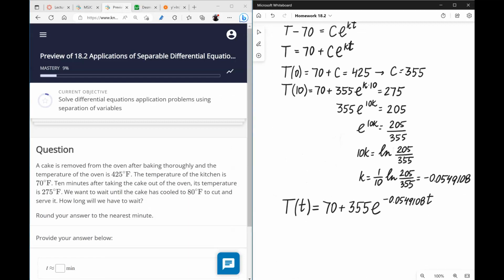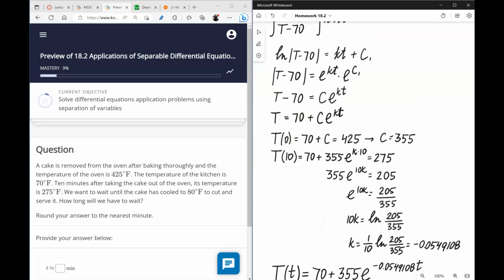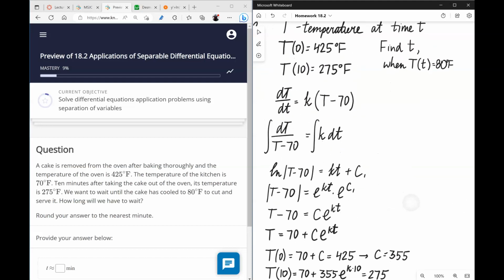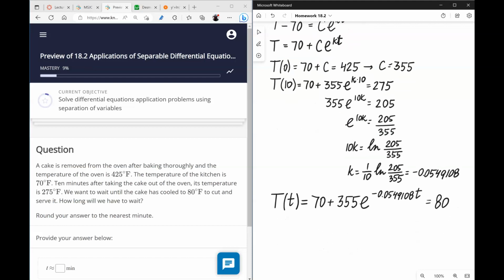The question was asking, we need to find the lowercase t so that the uppercase T is equal to 80 degrees. So we're going to set all of this equal to 80, and we're going to isolate t. So we're going to subtract 70 from both sides. For short, I'm going to use k here instead of that long number.